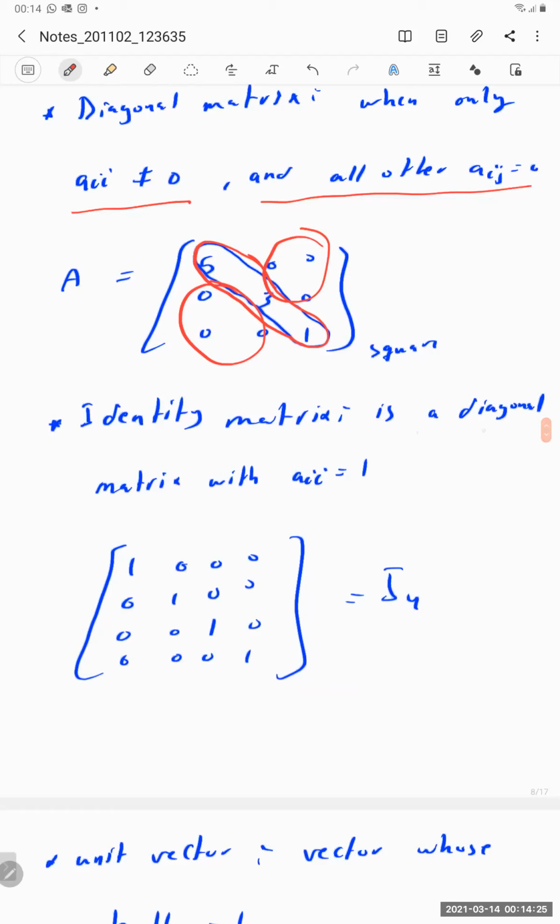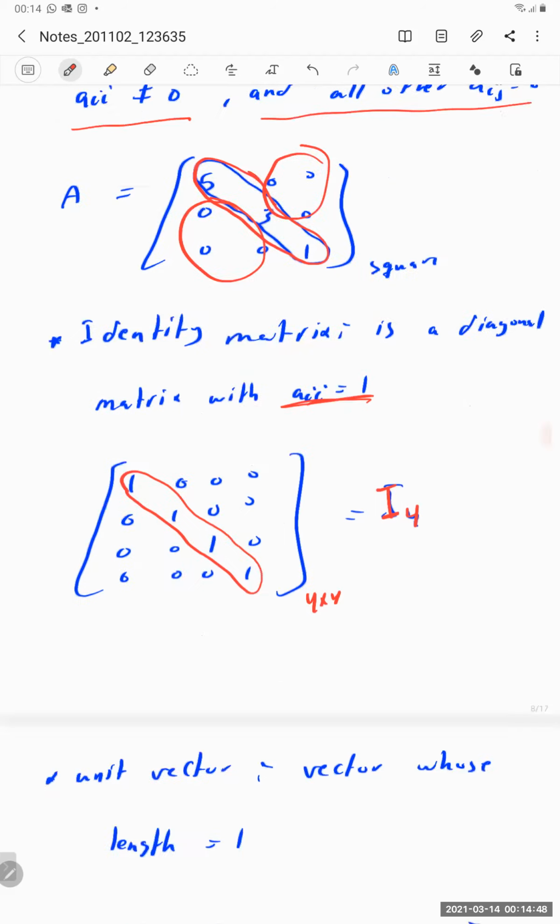The identity matrix is a diagonal matrix with AII equal to 1. This is a special case of the diagonal matrix where the diagonal elements are non-zero and all equal to 1, like this one, I4 whose size is 4 times 4, I3 equals 3 times 3, and so on.